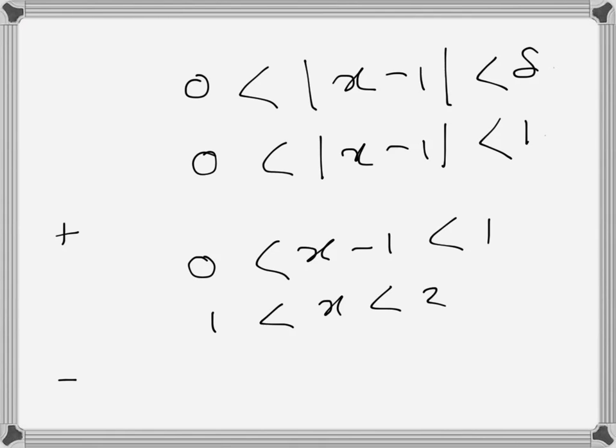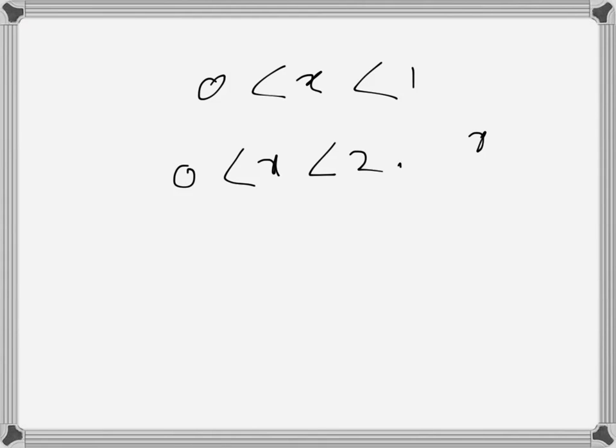And if we take the negative sign, then we get minus x plus 1 less than 1, so that becomes minus 1 minus x, and then this becomes 0 is greater than x minus 1. So together we can say that 0 is less than x less than 2, where x is not equal to 1, of course. So that one we have.